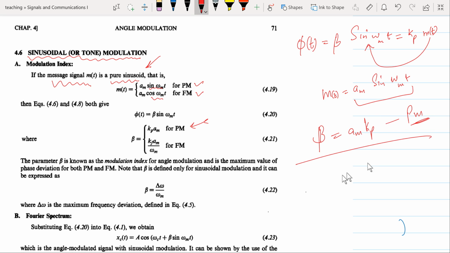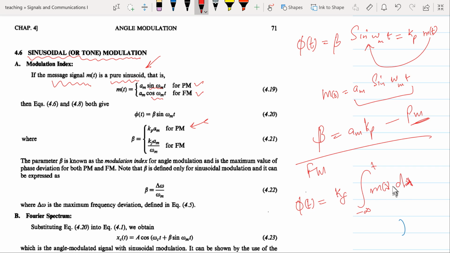And that is what we have in equation 4.21. And similarly, for the FM, we were able to say that phi of t is directly related to k_f times the integral of m of lambda d lambda.